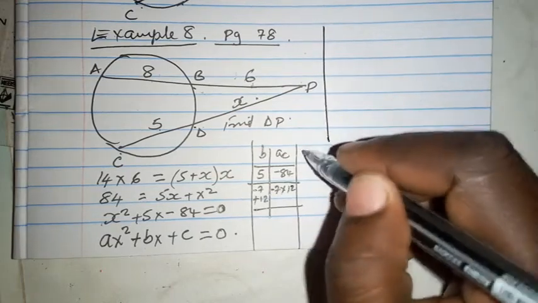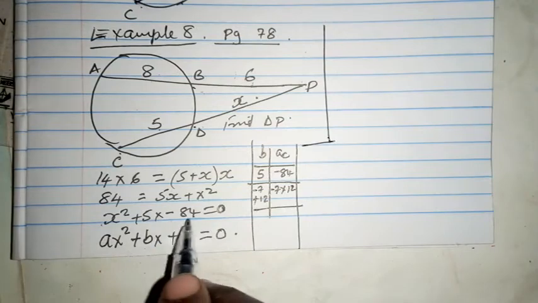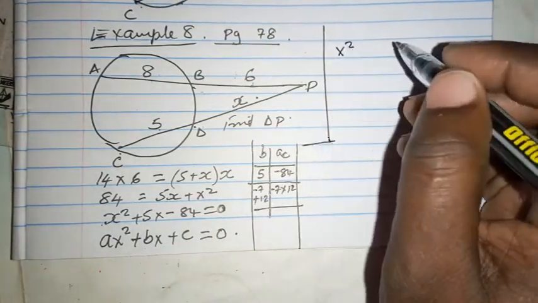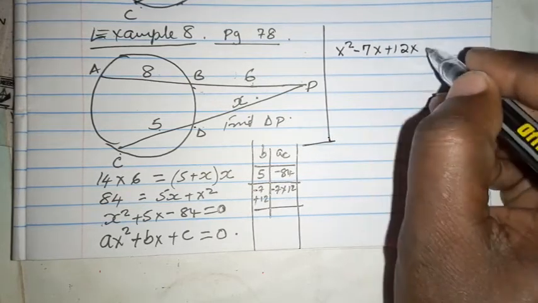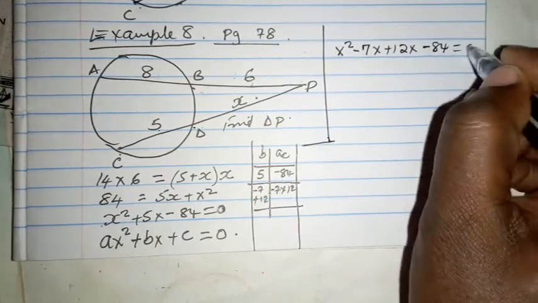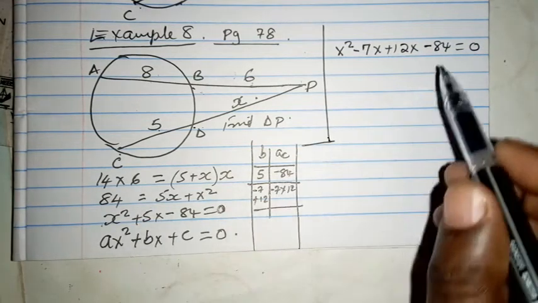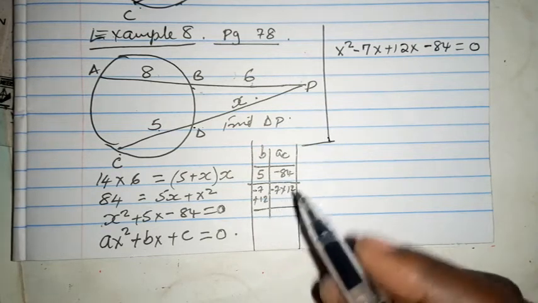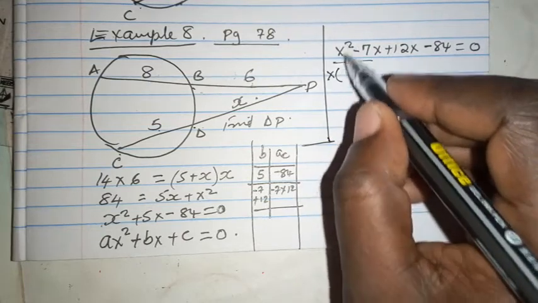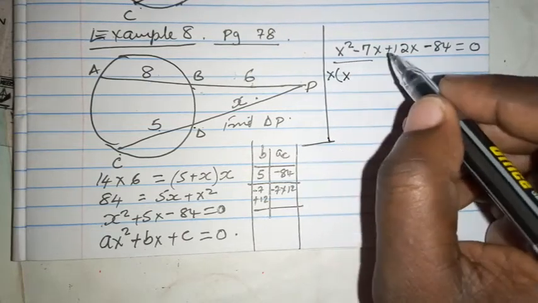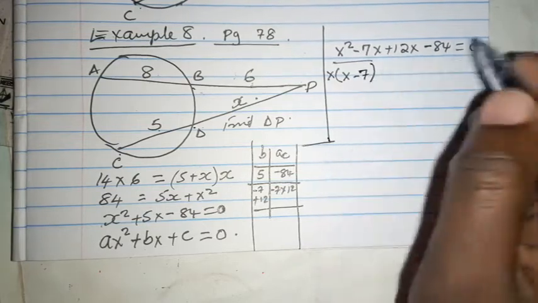We transfer this here: x squared minus 7x plus 12x minus 84 is equal to 0. We have broken the middle term to substitute it with the two factors. In the first two terms x is common: x squared divided by x is x, minus 7x divided by x is minus 7, close the bracket.